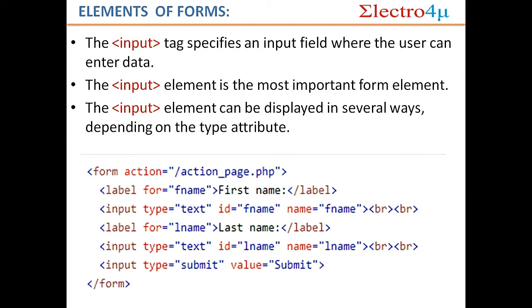The input element is the most important form element. Input elements can be displayed in several ways depending on the type attribute, that is up to you. Like username, password, age, email, check boxes, radio buttons, and those things.